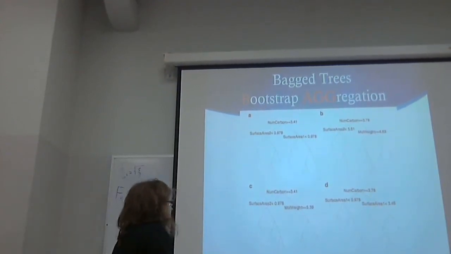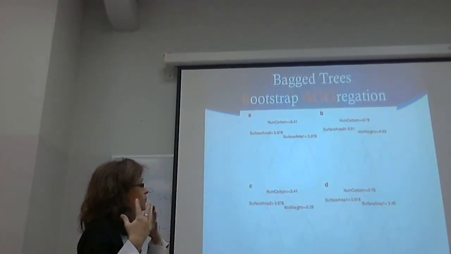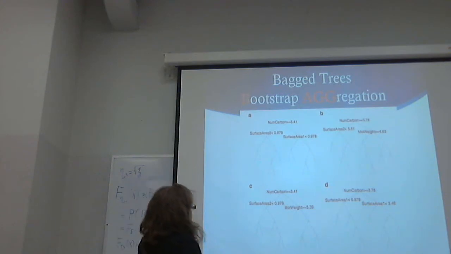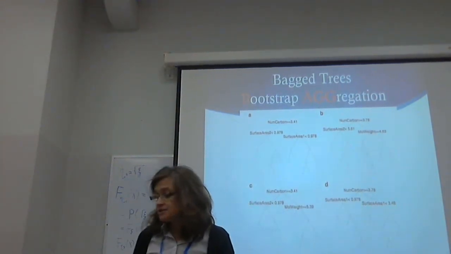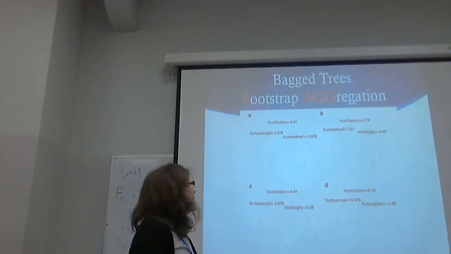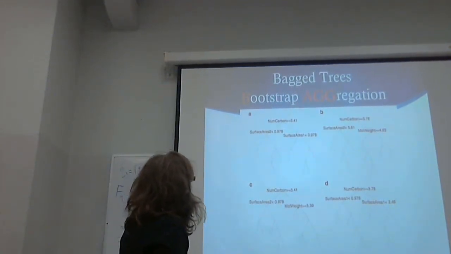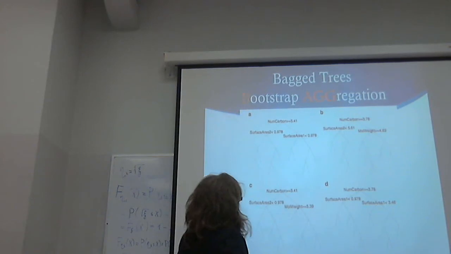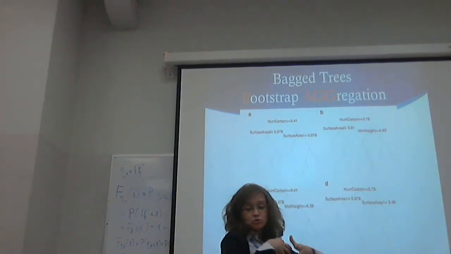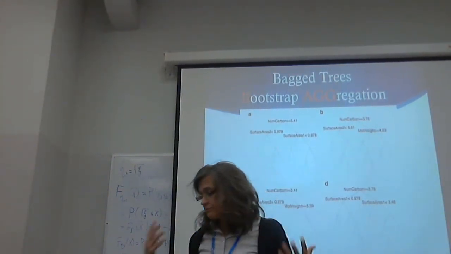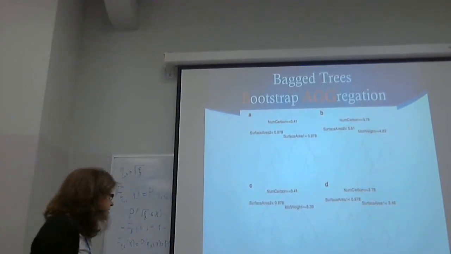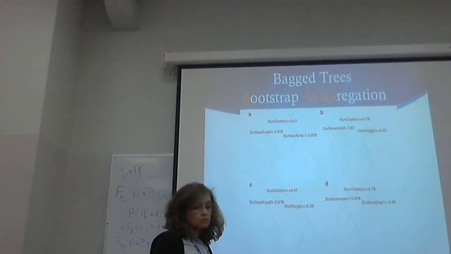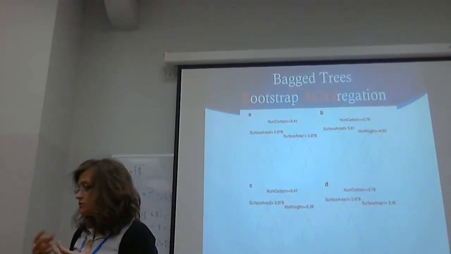So we create different samples with predictors. Say we have our 228 predictors on our solubility data, and we create many bootstrap samples. Some predictors are taken twice or thrice or 5 times, depending on your random choices. Some just fall out, and then you build a tree without some predictors.